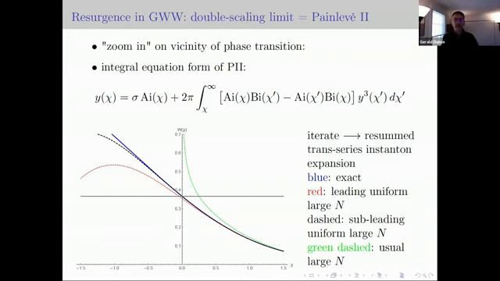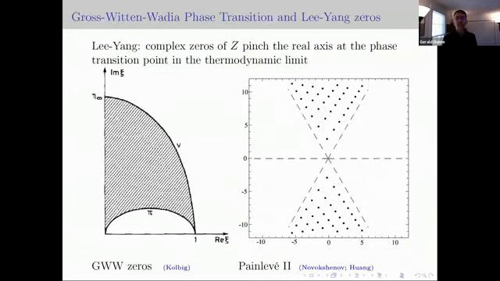So this has a physical interpretation. Maybe this won't mean too much to some of the mathematicians, but to physicists, there's this beautiful argument due to Lee and Yang about how you can develop singularities in the thermodynamic limit. So we can think here of n going to infinity as a sort of thermodynamic limit.